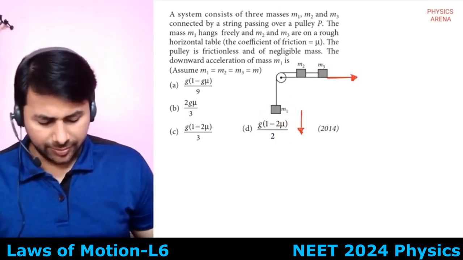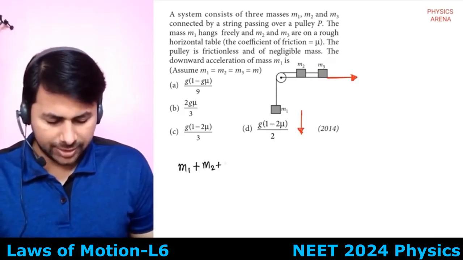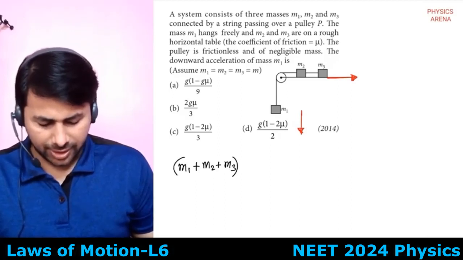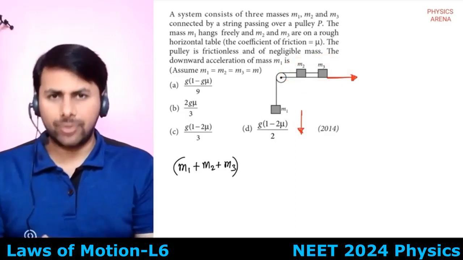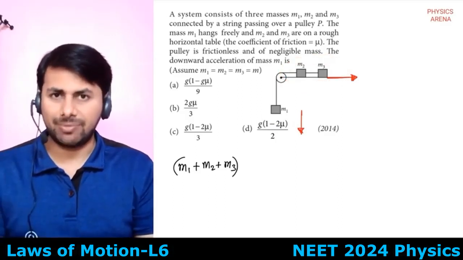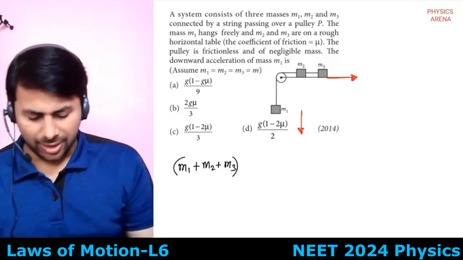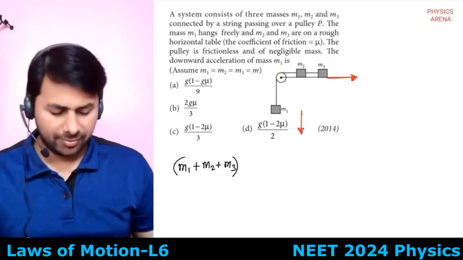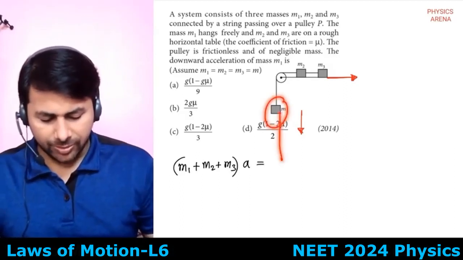So I can say the net force on the system is equal to the mass of the system, m1 plus m2 plus m3, because if m1 moves with some acceleration, every mass will follow with the same acceleration. So I can say m1 plus m2 plus m3 multiplied by acceleration is equal to, what is the net downward force?